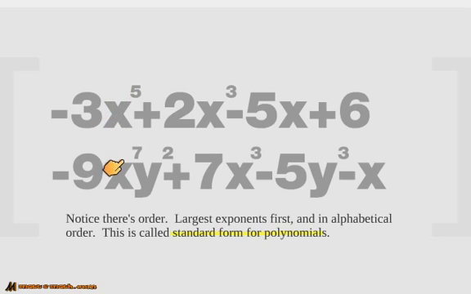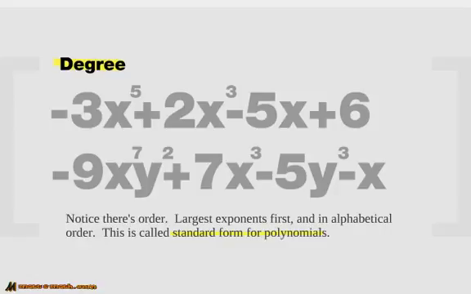So we have x to the 5th here, x to the 7th there, and then we put all the smaller ones following. Okay? And notice the other thing too is it's going to be in alphabetical order. So we put x and then y, and so forth. This is called the standard form.